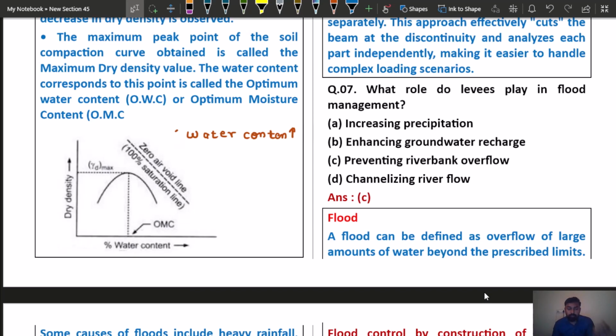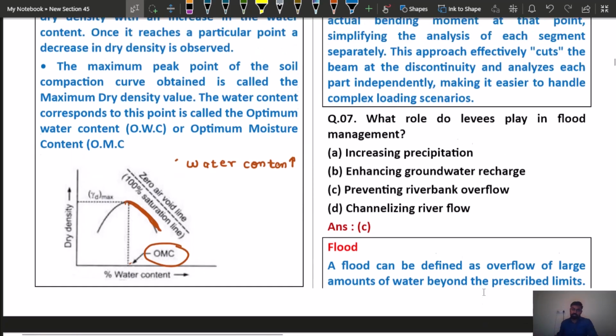But after some time it will achieve maximum dry density, and that water content is called the optimum moisture content. After the optimum moisture content, if we add more water, it will create lubrication between the particles and that will decrease the compaction. Here we can see this in the curve.